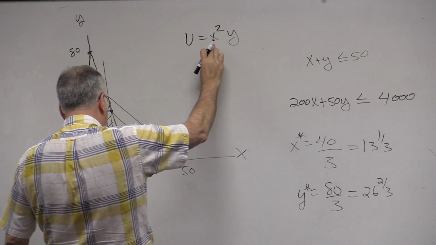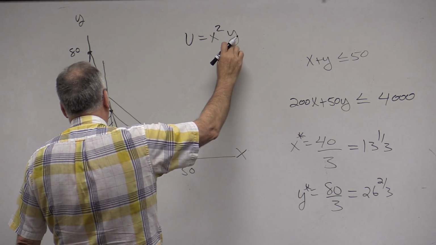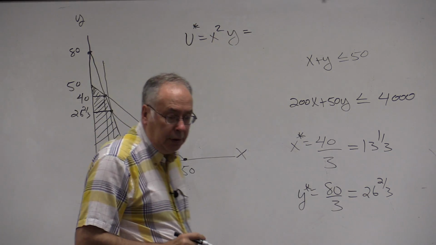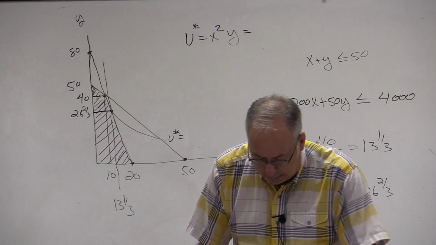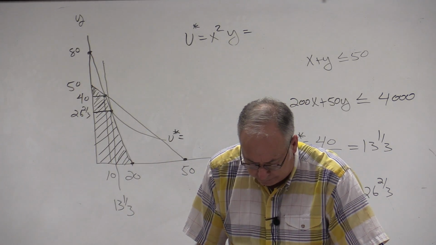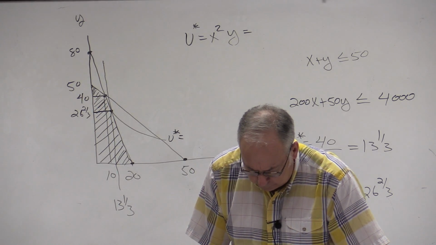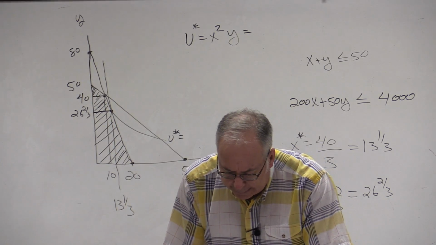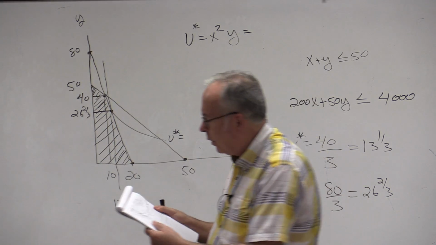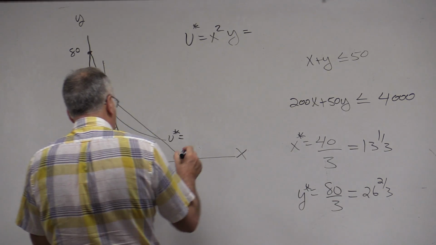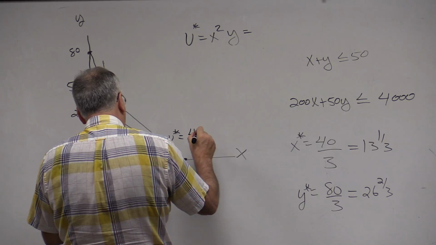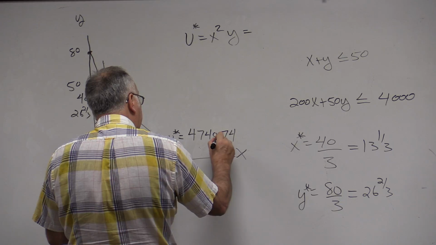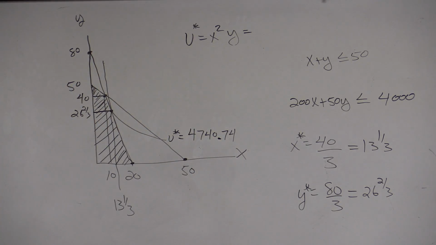So if you substitute in 13 1/3 squared times 26 2/3, you get the optimal utility, which I calculated to be 4,740.74 joules, approximately, to the nearest second decimal place.